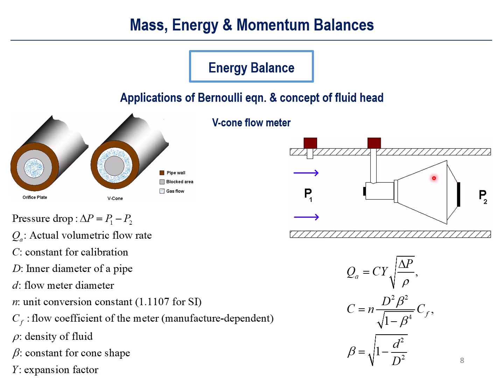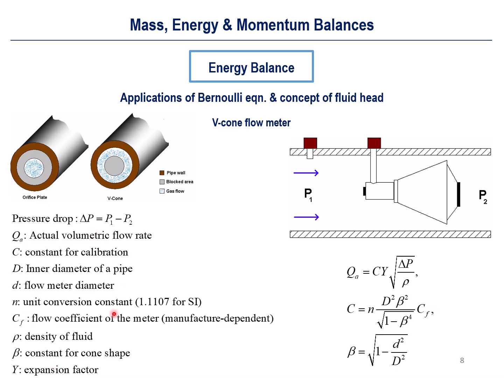Please note that this cone shape is not the simple cone, but we have some polygon types of cone. So for each of the cone shapes, we have some specific value to consider the realistic situation. And finally, right after this cone, we need to also consider the expansion factor.